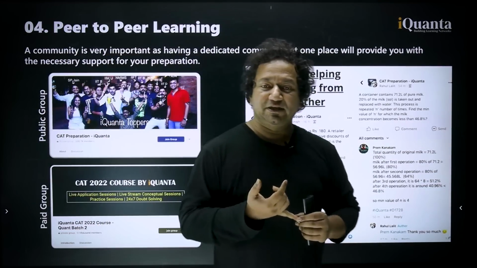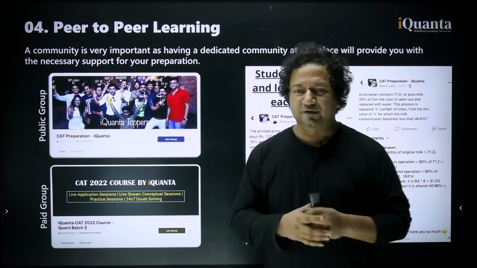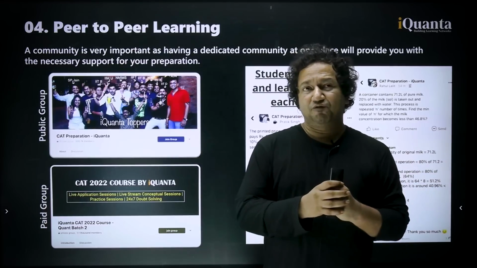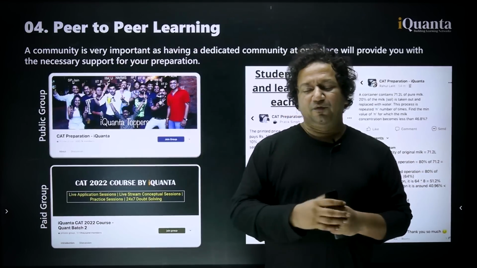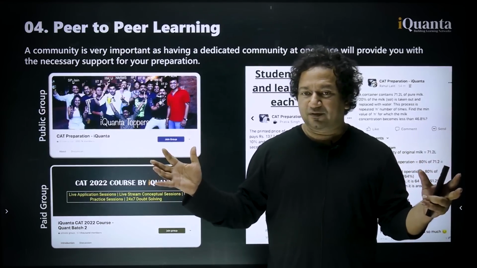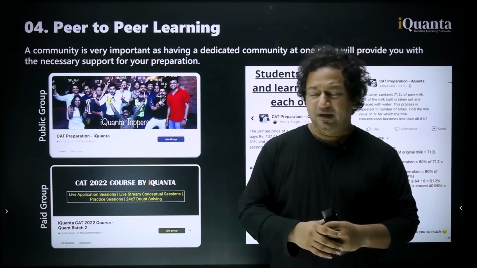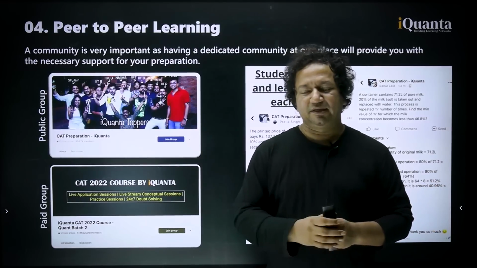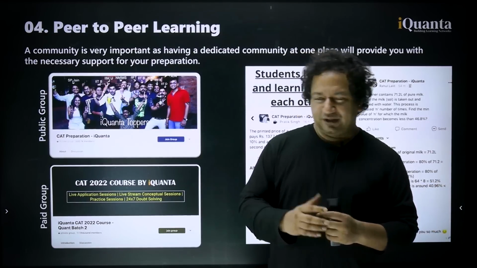Alright, then there's very important peer-to-peer learning. In today's digital age, we do not meet people often. It's all virtual, and we have inculcated that in our learning process. So there's a Facebook group platform in which 3.5 lakh active members are there, and they are into this process of peer-to-peer learning.